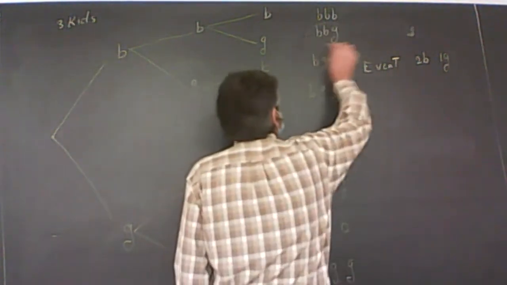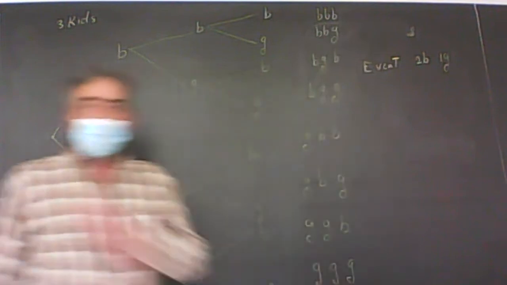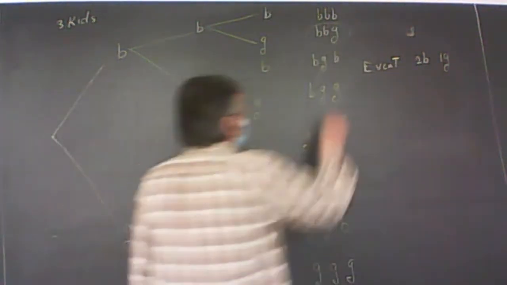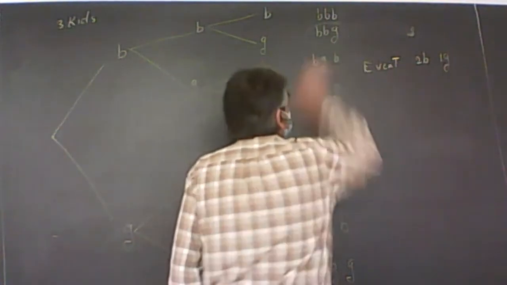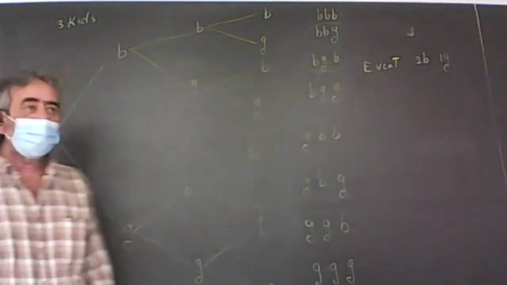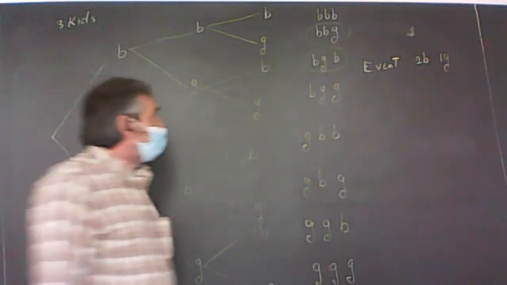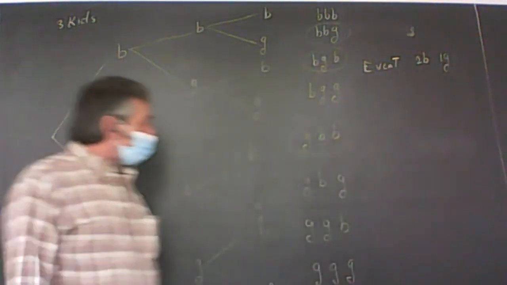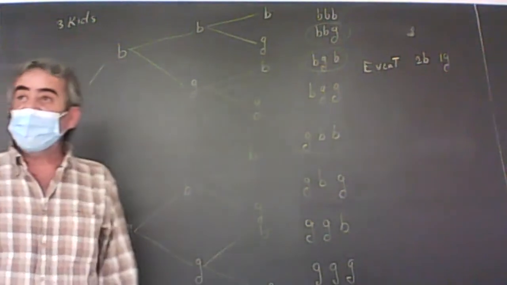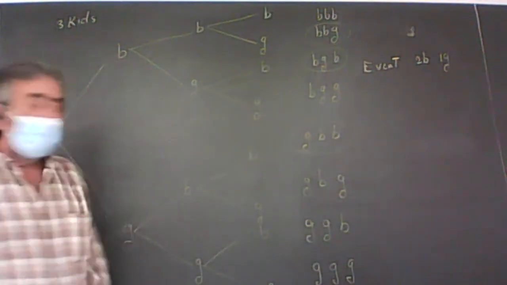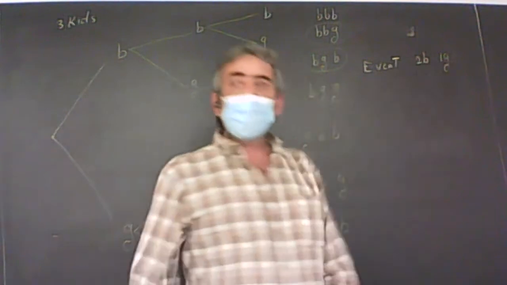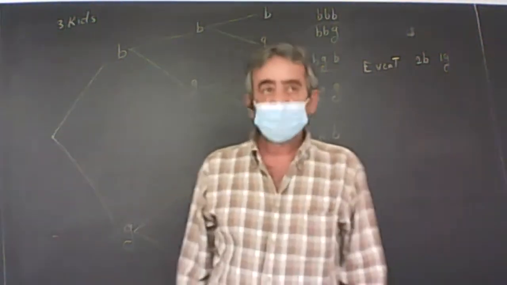This is one, where you have 2 boys and a girl. How about this one? This is another one where they have 2 boys and a girl. This one, they have 2 boys and a girl. Any other? Now, this event consists of 3 outcomes.